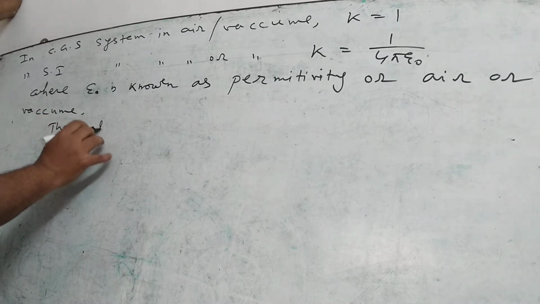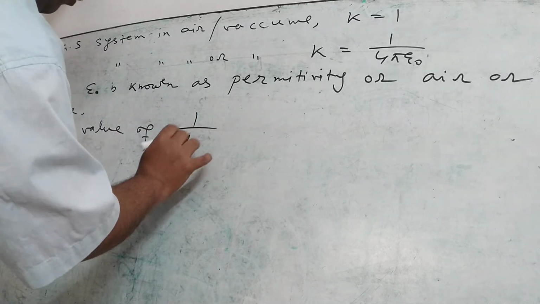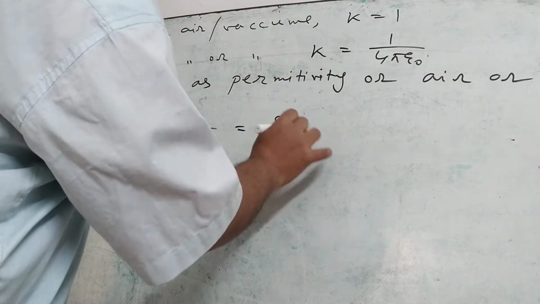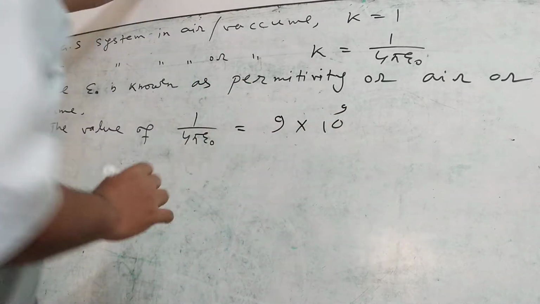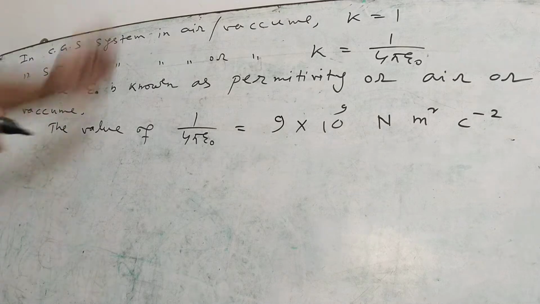The value of 1 by 4 pi epsilon 0 is equal to 9 into 10 to the power 9 Newton meter square per Coulomb square.